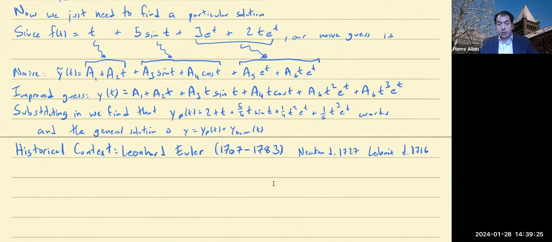So Euler's father, Peter Euler, lived with Jakob in Jakob's house, together with Johann, when he and Johann were undergraduates at the University of Basel. And both of them studied math with Jakob Bernoulli.